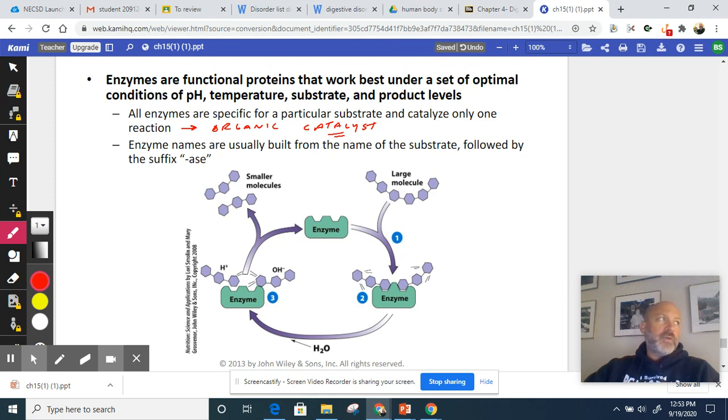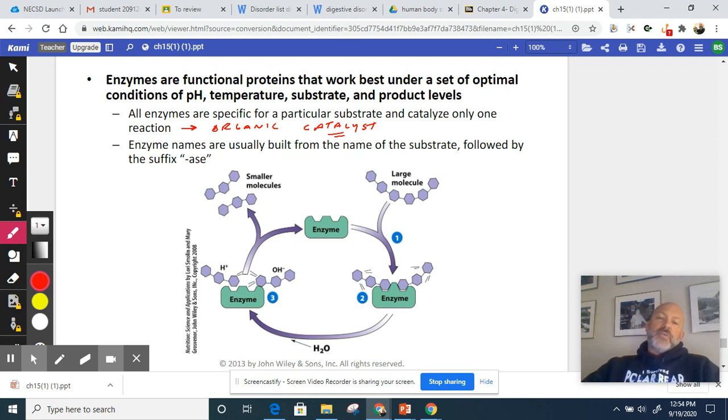For example, if there's a storm in the wintertime and you wake up and your driveway is filled with ice, you could speed up the melting of the ice by throwing salt on the driveway. What that does is it lowers the melting point of water. So instead of waiting for it to be 32 degrees to melt, it'll melt at a lower temperature, melt quickly.